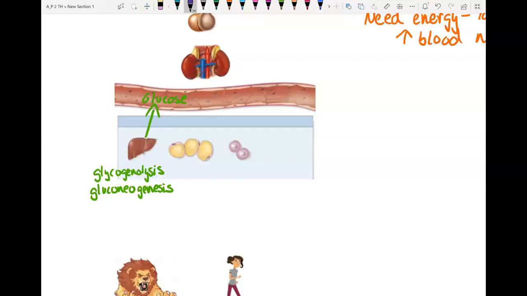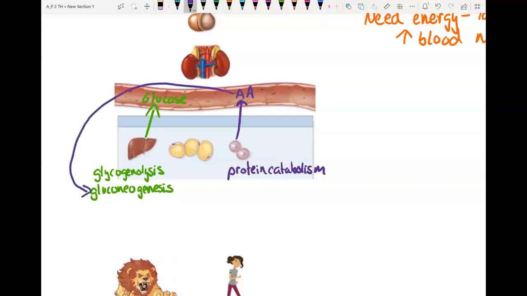So in this case, we are going to have your cells do protein catabolism. So they are going to break down their proteins to release amino acids into the blood. And this then supplies the amino acids for the gluconeogenesis, and those amino acids get converted to more glucose in the blood. We are also going to put lipid in the blood. You need lots of triglycerides there.